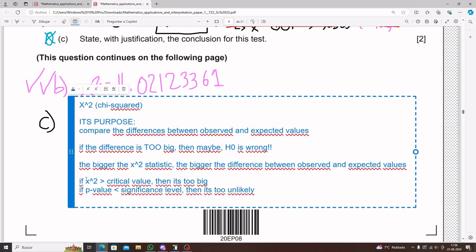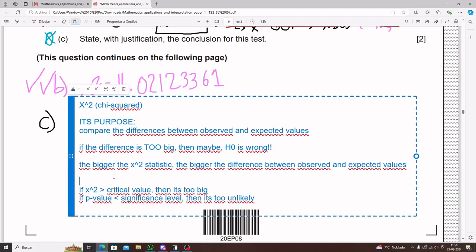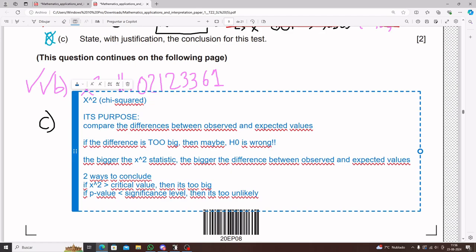Anyways, so there's two ways to conclude, okay? If your chi-squared is bigger than your critical value, then it's too big. Now, what's too big? The difference between observed and expected is too big. The other way that you can conclude is using the probabilities, right?